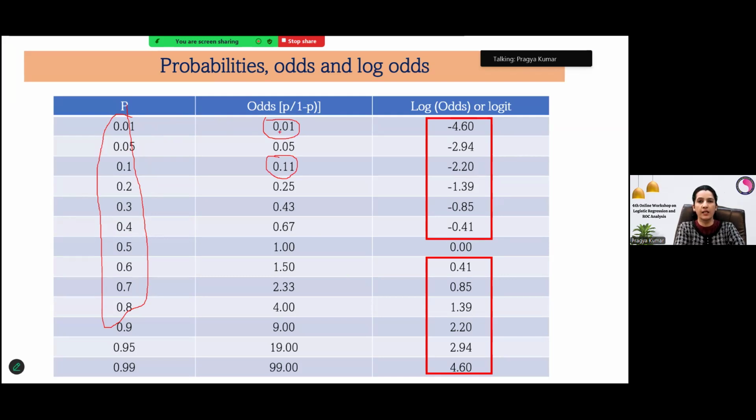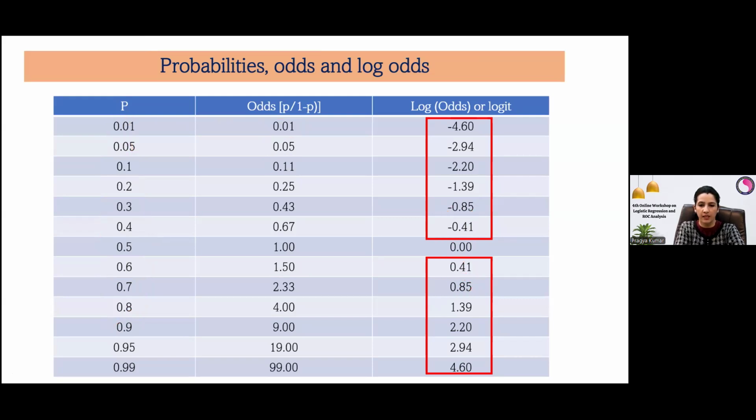And if you take a natural log of this, then it is the logit function. You see that we have taken it for all probabilities, and there is a symmetry. If it is 0, then it is minus 0.41 here and plus 0.41 there. Similarly, it is minus 0.85, and this is plus 0.85. Except for the sign, there are plus and minus, there is a symmetry.